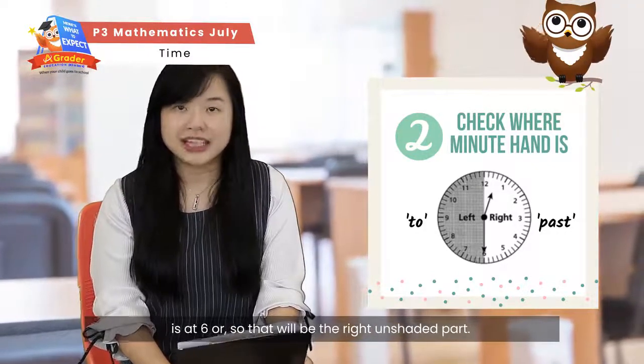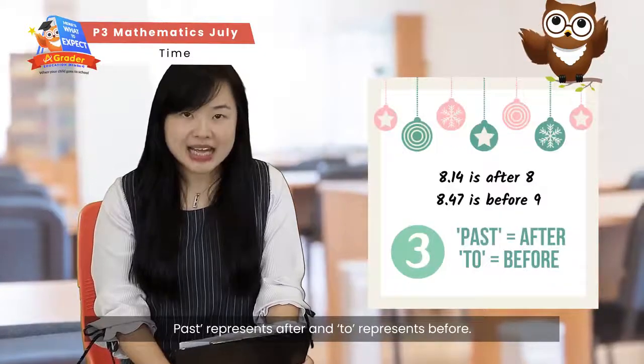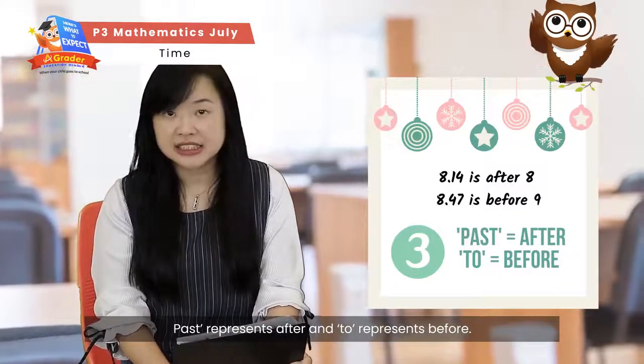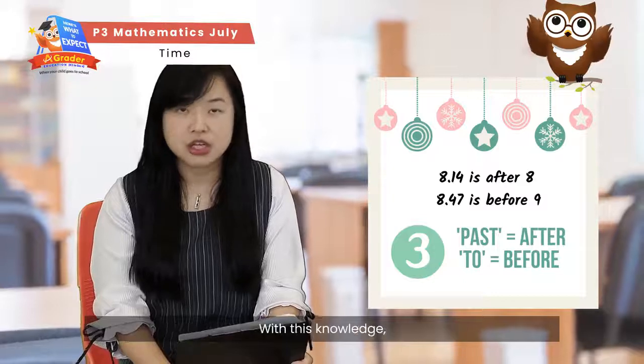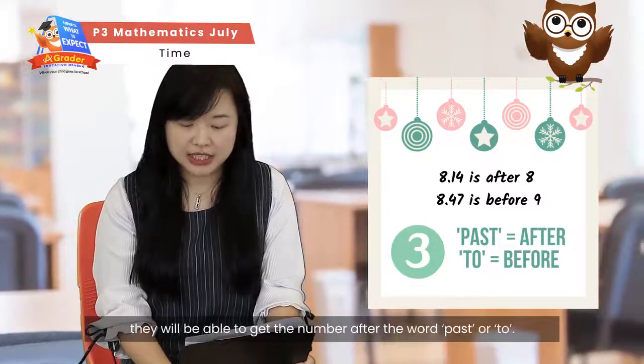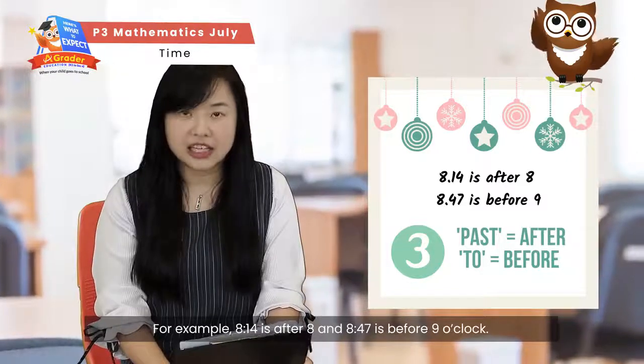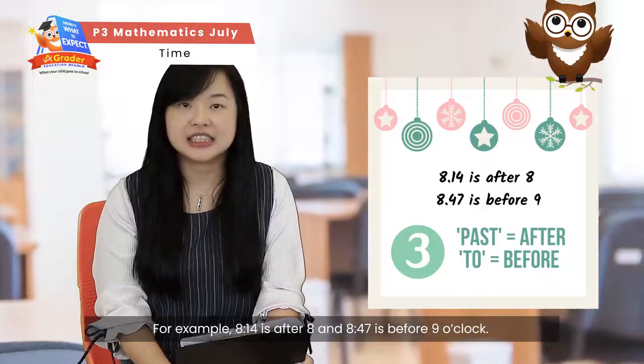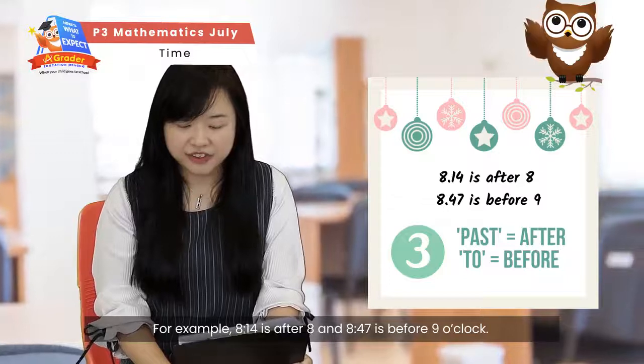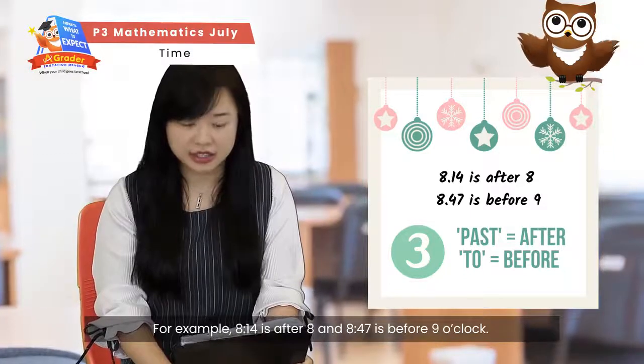So that will be the right unshaded part. And past actually represents after and to represents before. So with this knowledge, they will be able to get the number after the word past or to. So for example, 8:14 is after 8 and 8:47 is before 9 o'clock.